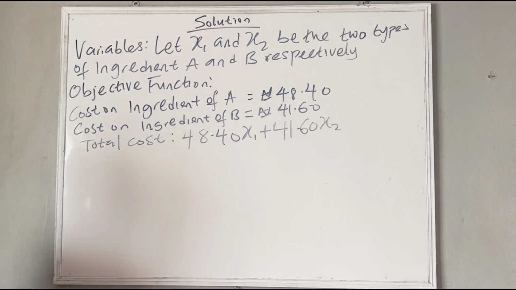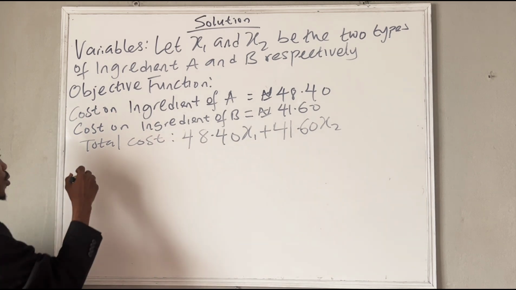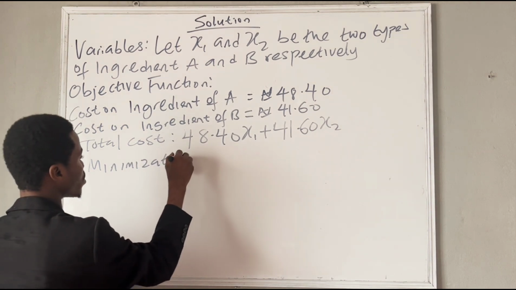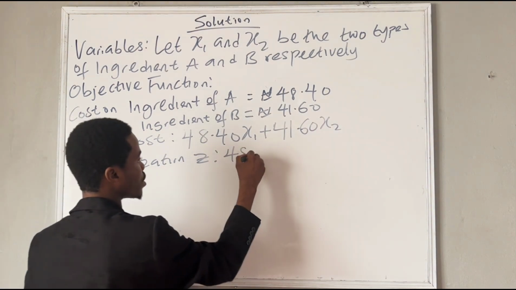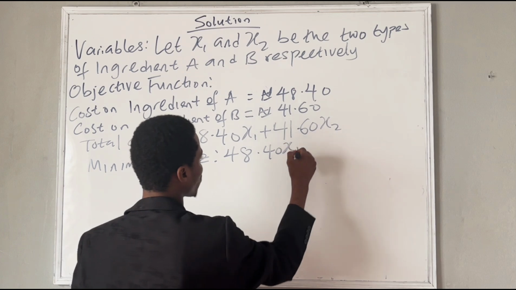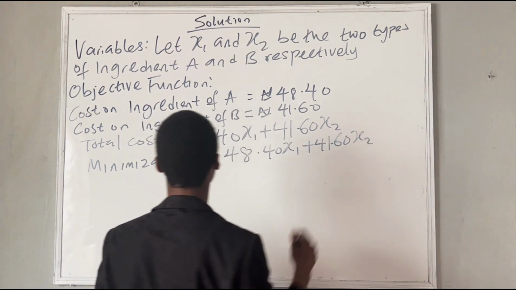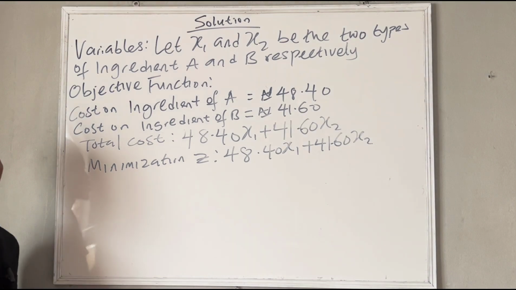This is the total cost for ingredient A and ingredient B. So we now have the minimization of Z equals 48.40 x1 plus 41.60 x2. This is our minimization of Z.